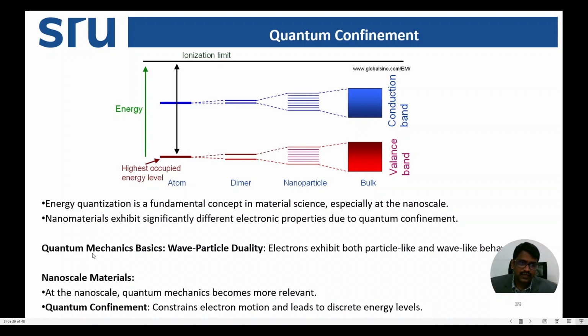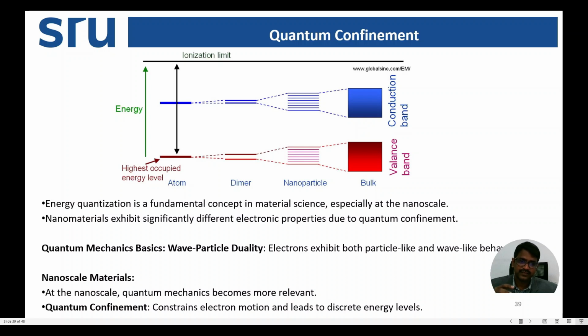We are already very aware of classical mechanics and quantum mechanics. So where do we apply classical mechanics? At larger objects, at macro size objects, only there can we apply classical mechanics, Newtonian mechanics, right?